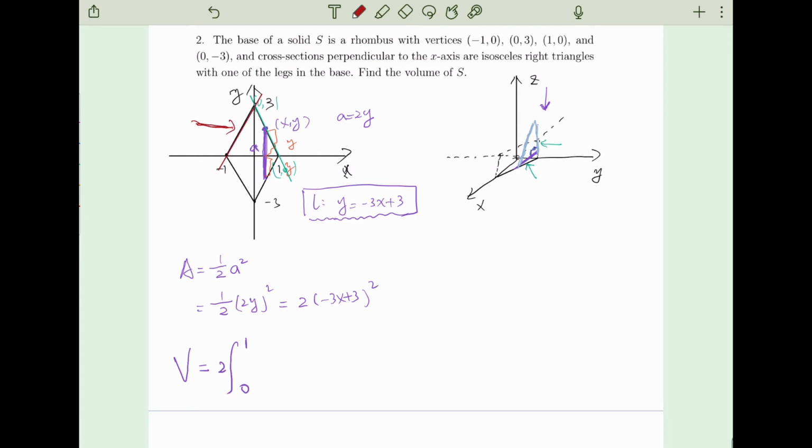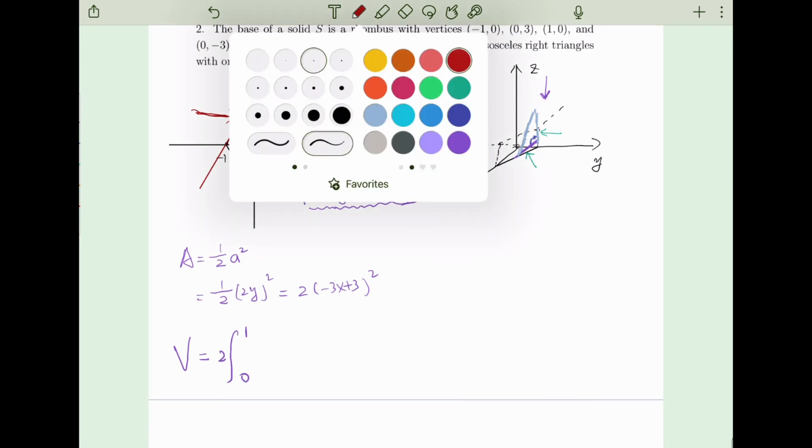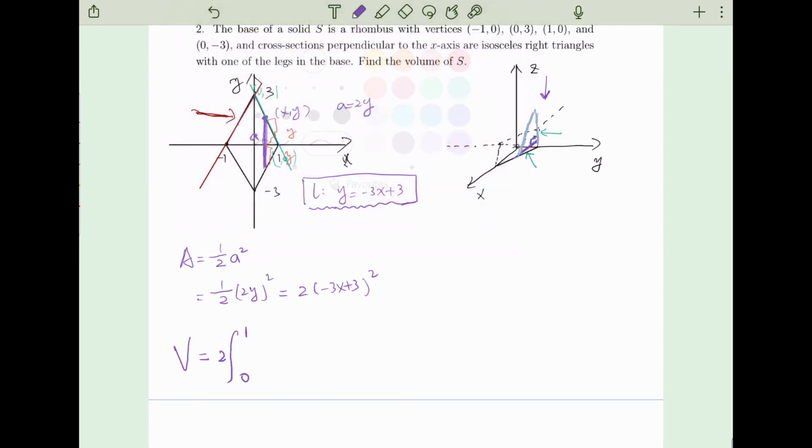We don't want to do that, so we use the symmetry to save us from doing that.